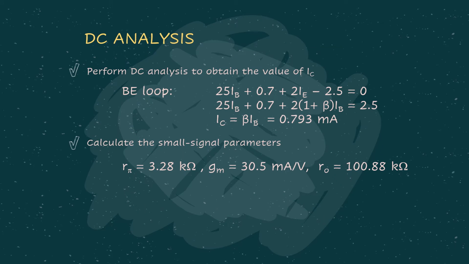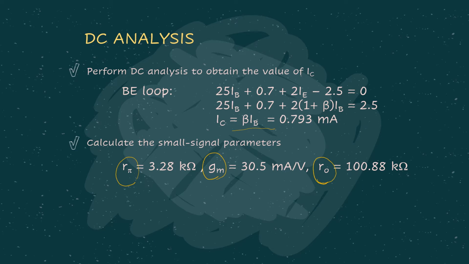As usual, in order for us to do the AC analysis of any amplifier circuit, we always start with the DC analysis, because at the end of the day we want to know the current values. These current values will then be used to find the small signal parameters, normally rπ, gm and ro.